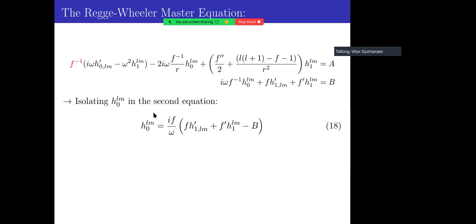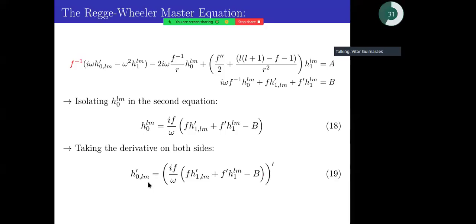Now you see that in this equation we have H0, but we also have H0 prime. So we take the first derivative with respect to r of H0, such that we obtain this. To do this, we have to apply the product rule, and inside the parentheses also, and so on and so forth. This is going to be a huge expression.